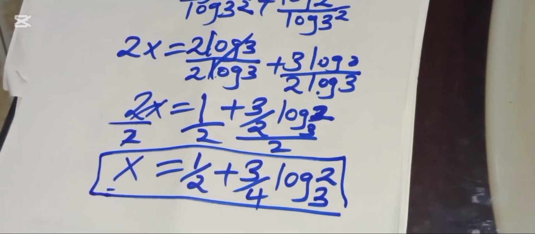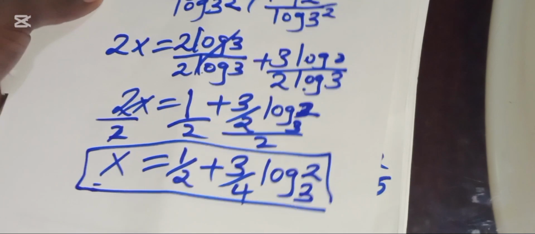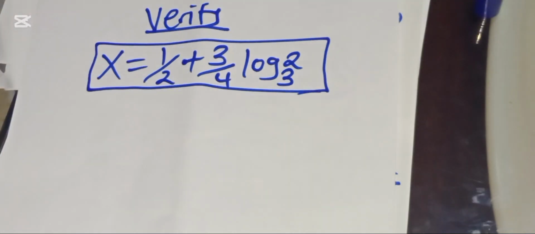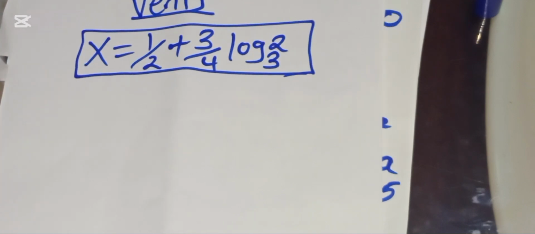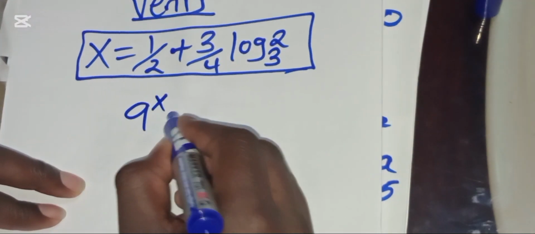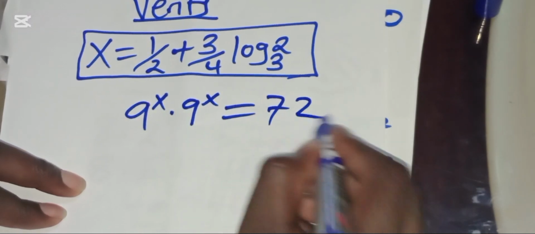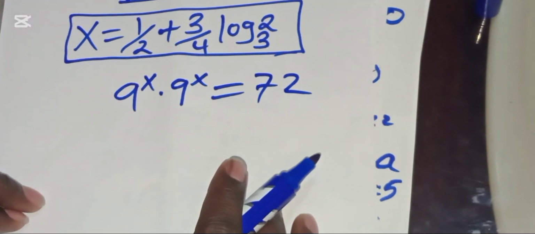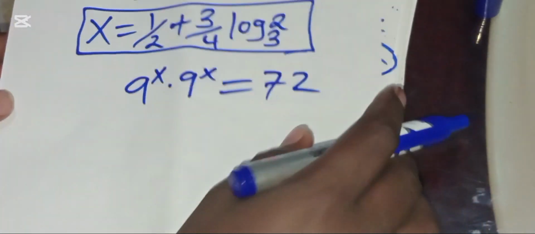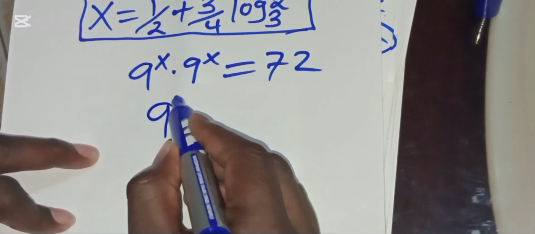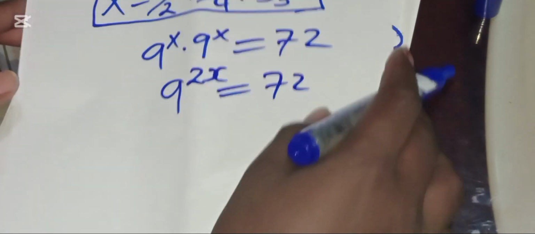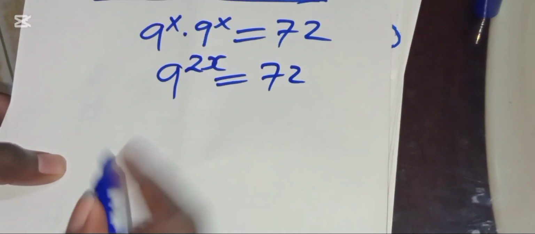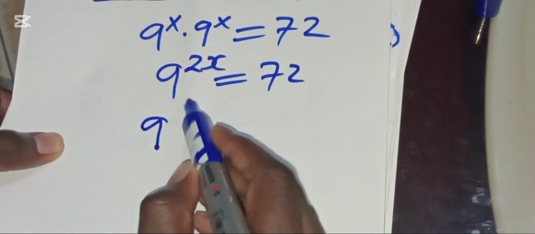Now let's check if this value of x actually satisfies the equation. Let's verify that the value of x, which is half plus 3 over 4 log 2 to base 3, satisfies the equation. We had that 9 to power x multiplied by 9 to power x should give us 72, which is the same thing as 9 to power 2x equal to 72.